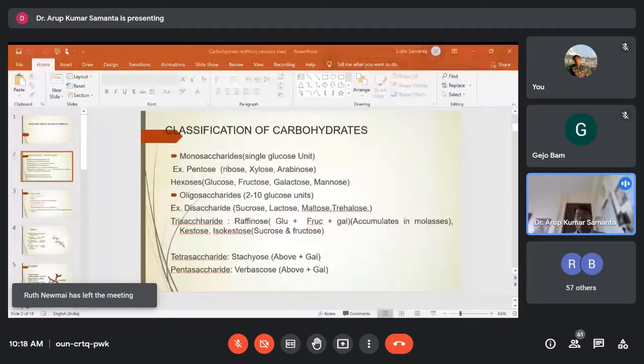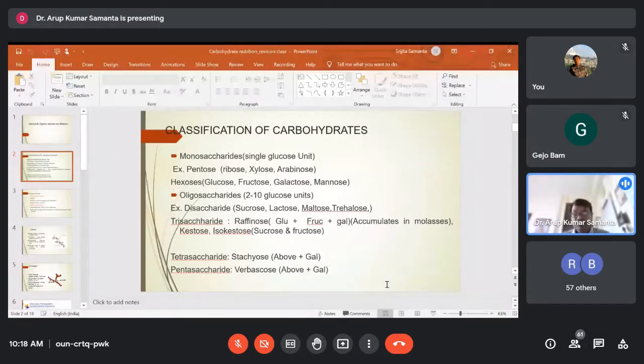For the classification of carbohydrates, you have to remember that it is based on how many units of glucose there are: monosaccharides, oligosaccharides, and polysaccharides. People generally ask questions from the oligosaccharides and polysaccharides.